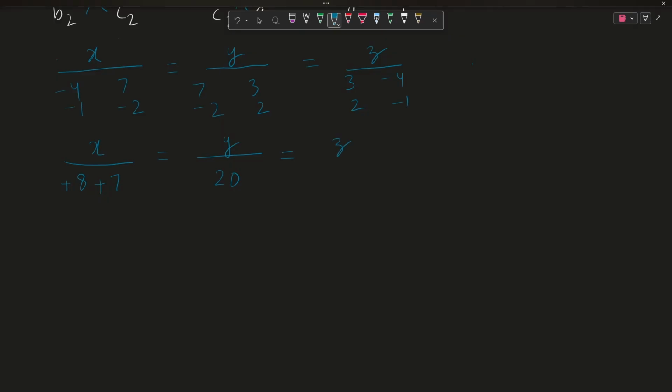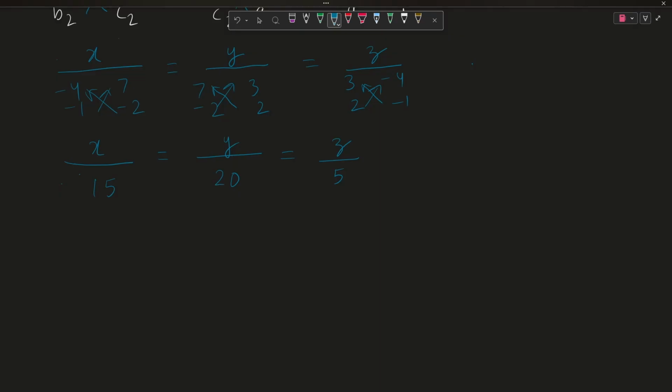And Z will be equal to minus 3 minus of minus 8, that will be 5, right? So after solving this, we can write this as 15 directly, right? You can cross multiply these values and get the required set of equations.